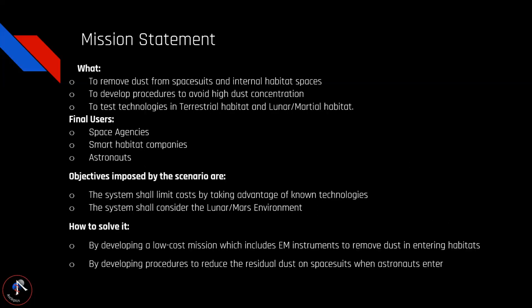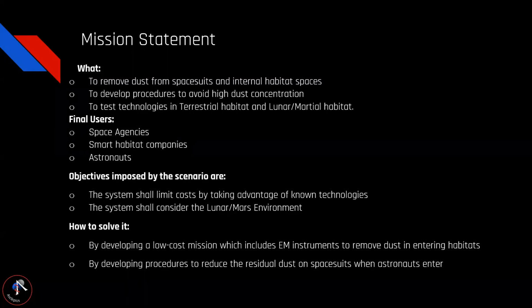So we have developed the statement, identifying first the reason why we would like to develop our solution. What are the main objectives of our solution? The main one is to remove the dust from the spacesuit. The second is to develop a procedure for the astronaut to avoid dust concentration, and finally the last one is the possibility to test it in both the lunar habitat and the terrestrial one.